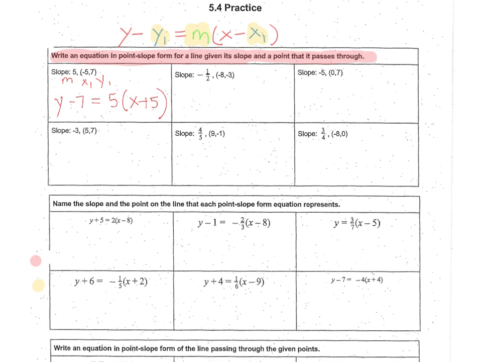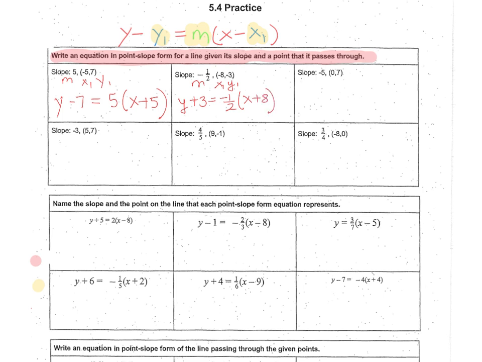So we're just practicing, given our slope and our point, writing the point-slope form. So here m is -1/2 and our point is x1, y1. I'm going to have y minus a -3, which turns into +3, equals -1/2 times x minus a -8.